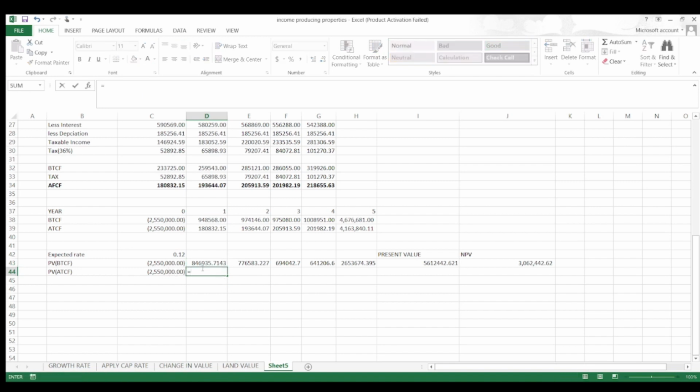So the present value is equal to the after-tax cash flow divided by 1 plus our expected rate of return raised to the year, and then you can drag it.